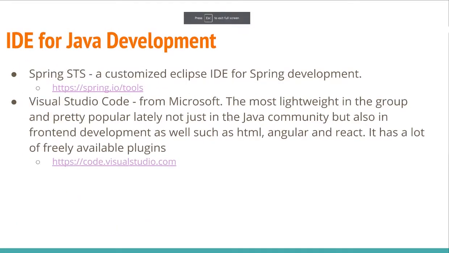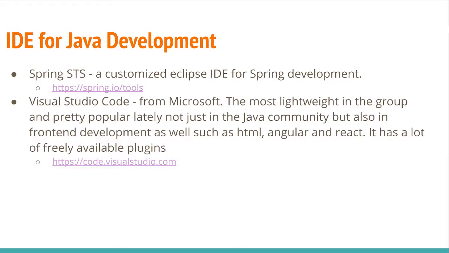And then we have other available IDEs. We have Spring STS. It's a customized Eclipse IDE for Spring development. And Visual Studio Code. This one is from Microsoft. This is the most lightweight in the group and pretty popular lately, not just in the Java community but also in front-end development as well, such as HTML, Angular, and React.